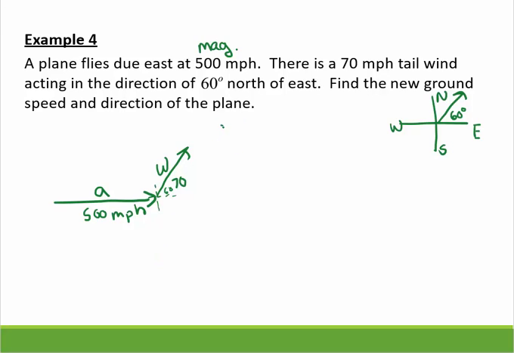So let's write A in its component form. A in its component form is going straight in the x direction. W in its component form: the magnitude is 70. The x component is 70 cosine 60.